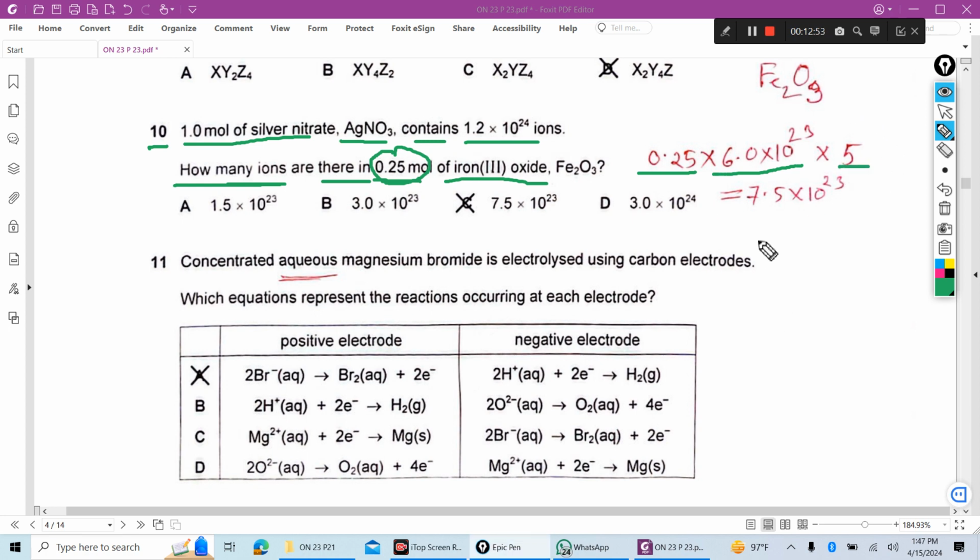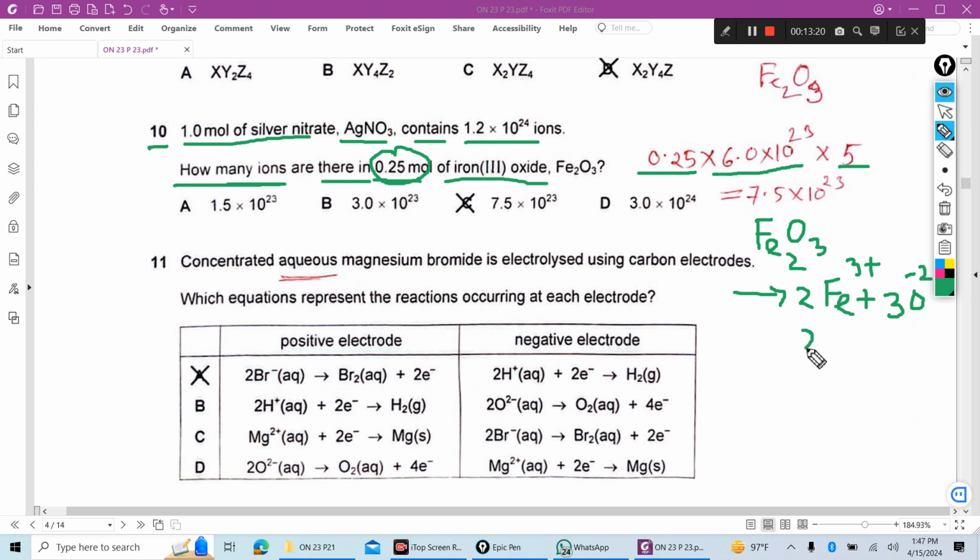And you see, Fe2O3, if you ionize this compound, 2 iron 3 plus ions and 3 oxide ions, O 2 minus.